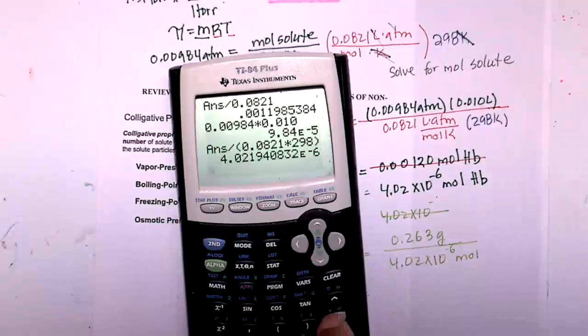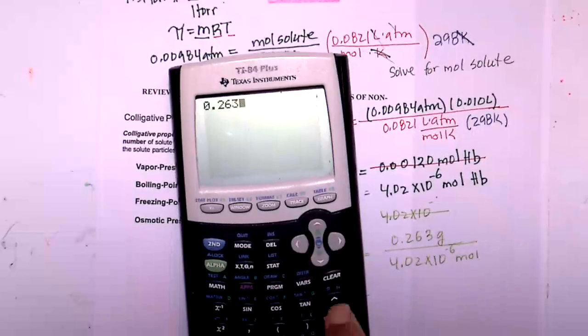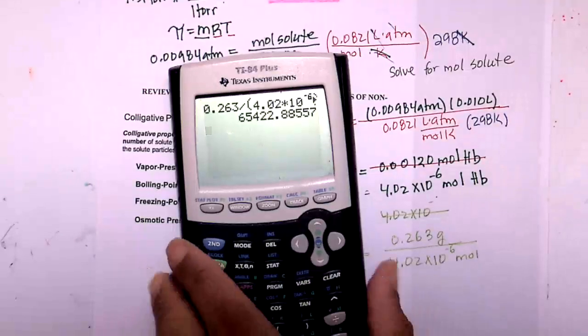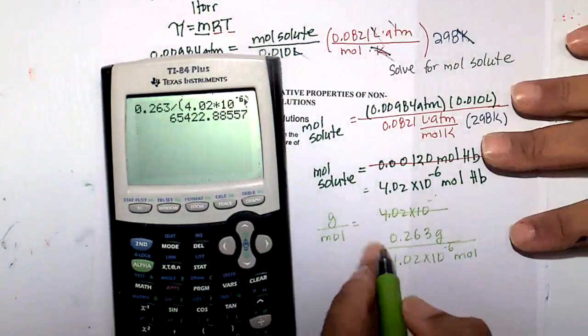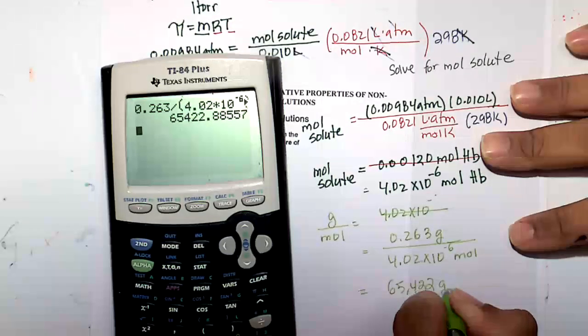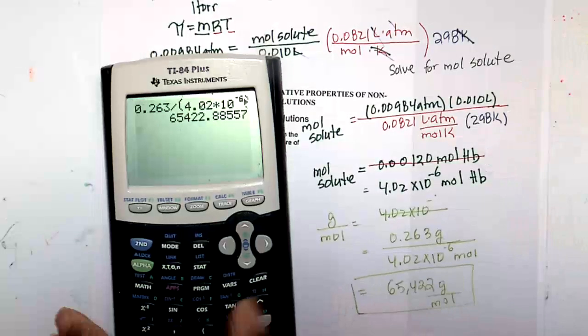I'm getting about 65,422 grams per mole. Okay, so this is our answer.